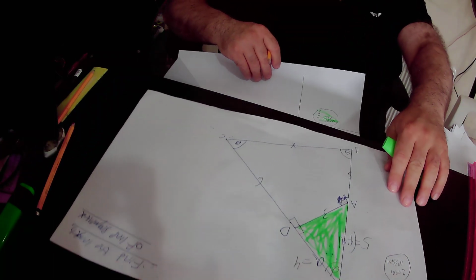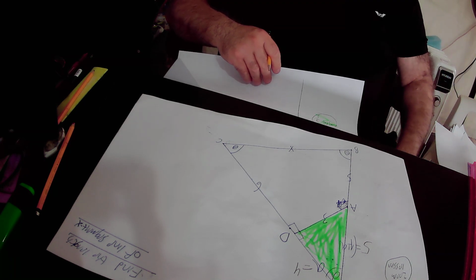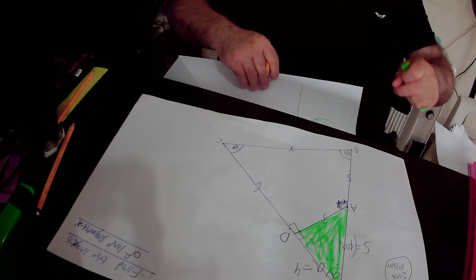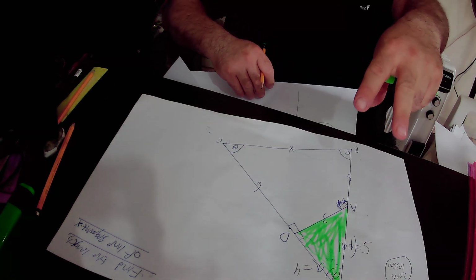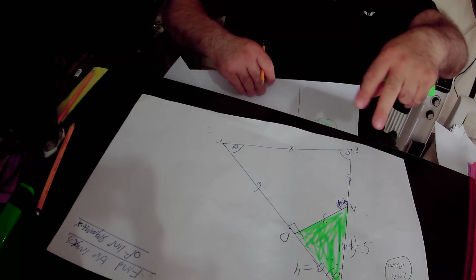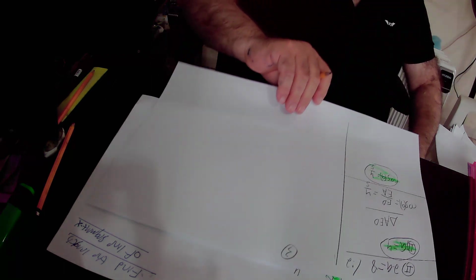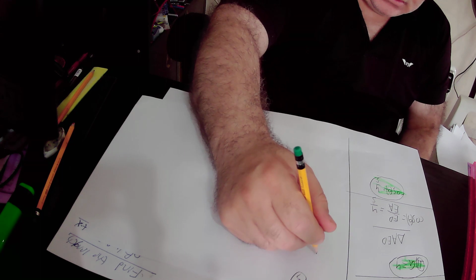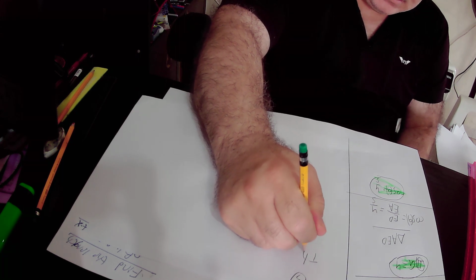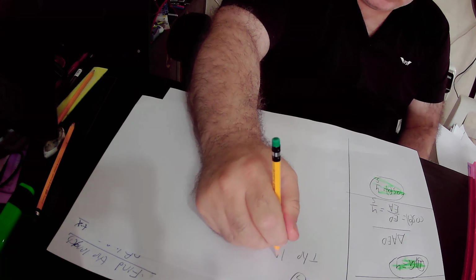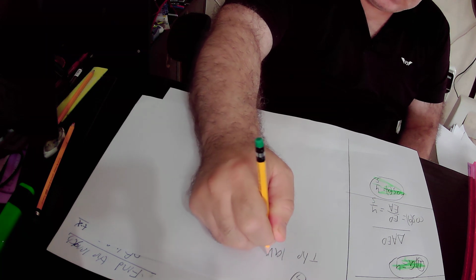In the next step, I will present to you a new law, and we will implement the new law in this big triangle, triangle ABC. The new law is the law of cosines. It is true in any triangle.